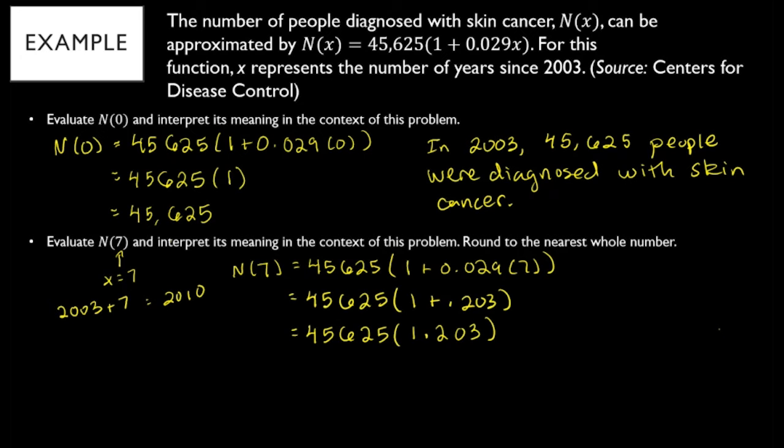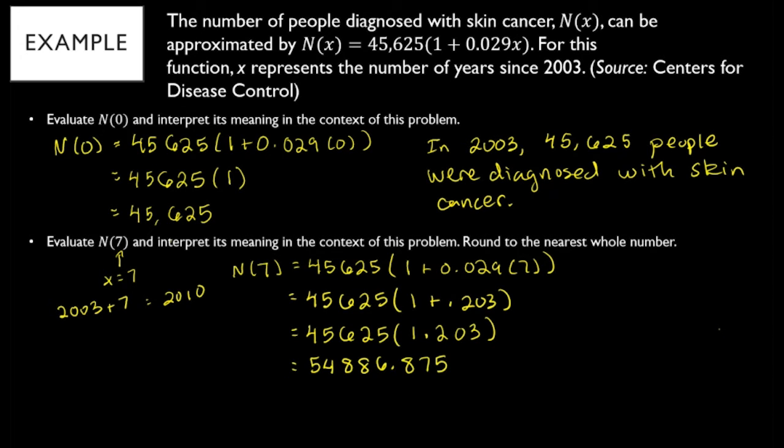And then you're going to multiply that out. 54,886.875 is the number I get. And of course, this is number of people.